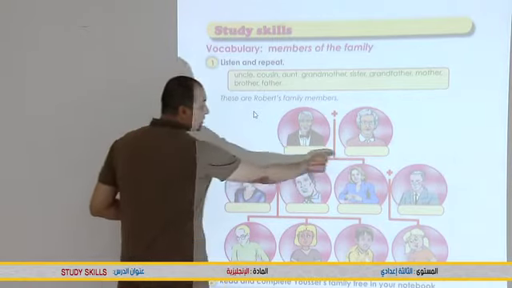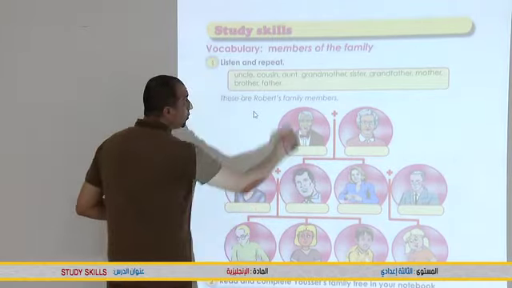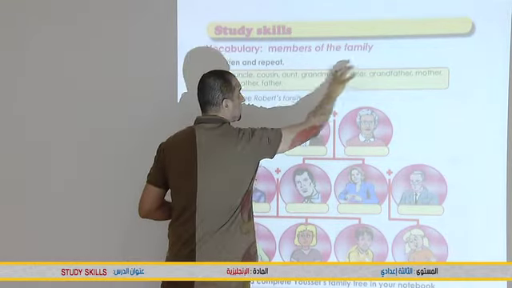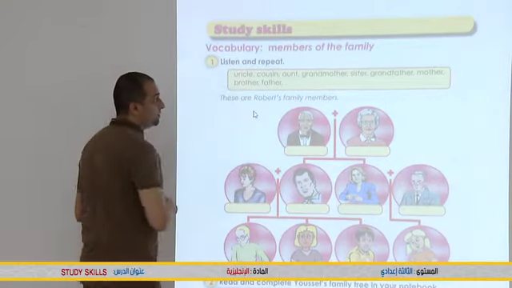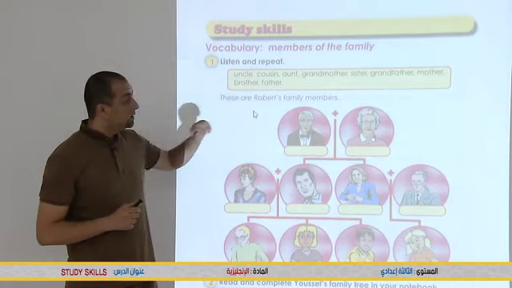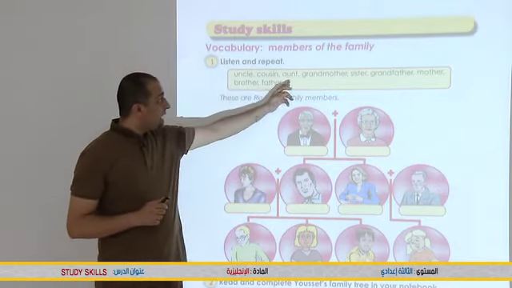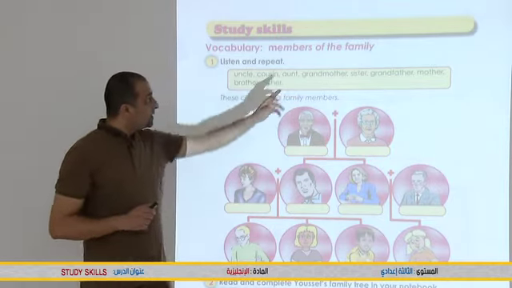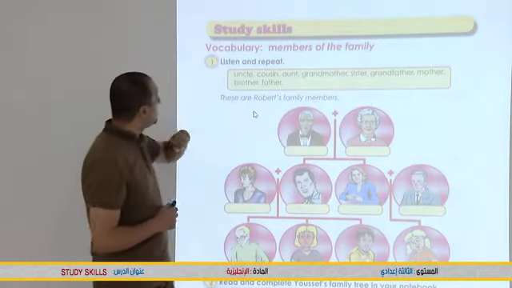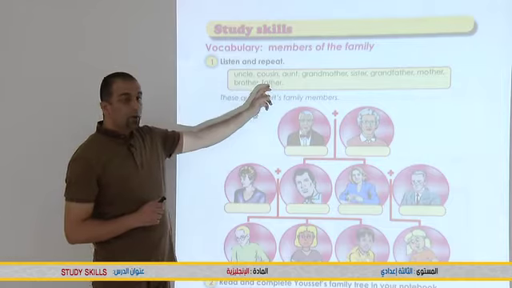You are going to complete them with the words in this box: uncle, cousin, aunt, grandmother, sister, grandfather, mother, brother, and father.